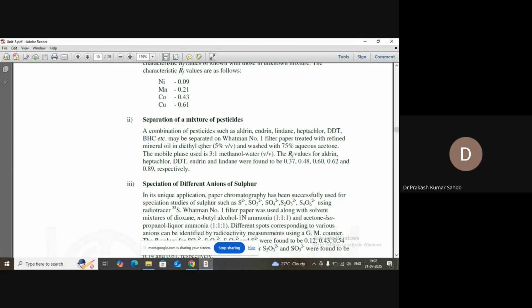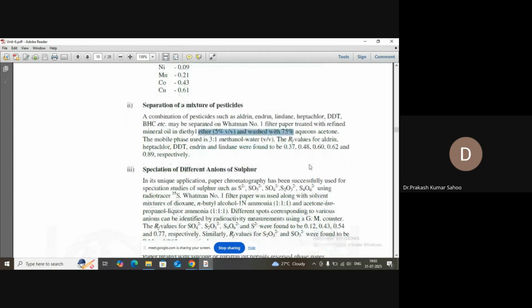It is used as the stationary phase in the way that the Whatman 1 paper is soaked with these two solvents, and then the mobile phase uses methanol and water in the ratio 3 to 1, and the different retention factors came out like this: 0.37, 0.48, and so on.